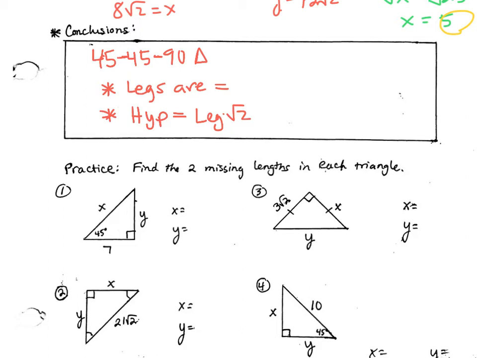I'm going to draw a picture and put on my picture what we were just looking at a minute ago. And my picture is going to be something like this. And I guess I'll write down what I know. So I know that these are equal. I know this is 45. And I know this is 45. I'll try to squeeze that on there.